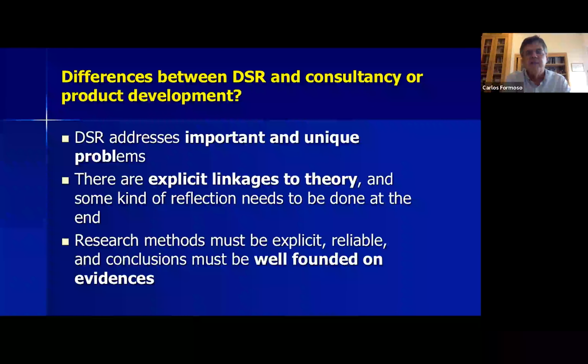And in fact, many studies in design science research use the same types of evidences that use, for instance, in case study research, in action research, right? The main difference is that you reposition your research. Your research is positioned as prescriptive rather than descriptive.